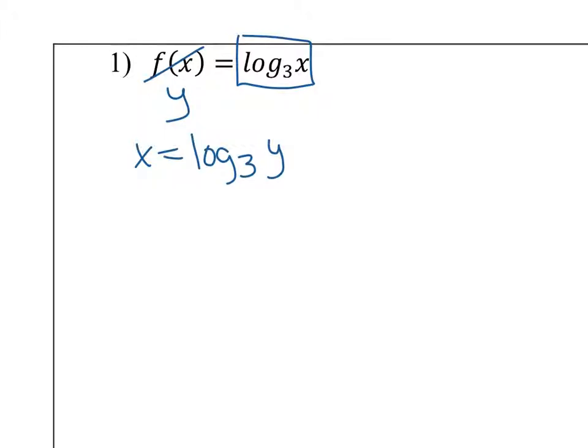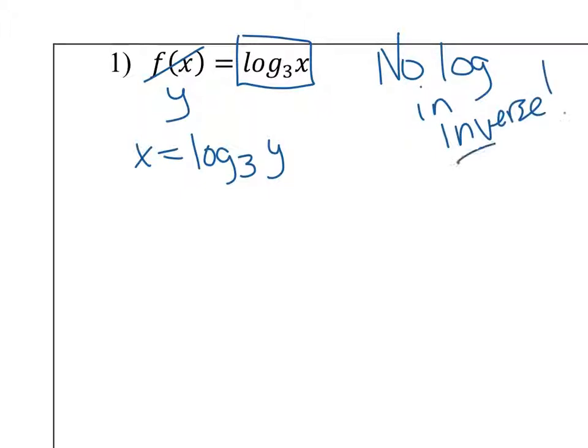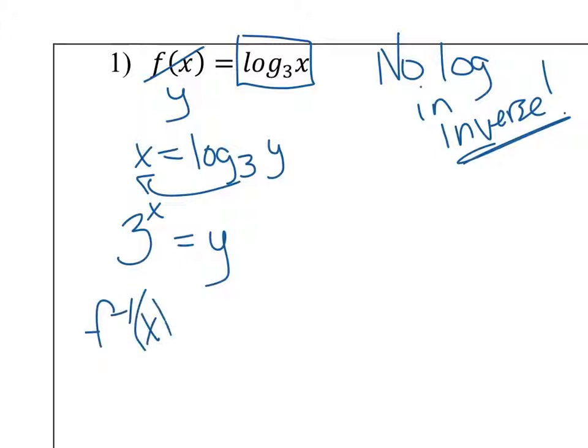Now realize when you're finding the inverse of a log, there is no log in the inverse. Crazy, right? There will not be a log in the inverse. So when I find the inverse, 3 to the x equals y, bam, it's done. Of course, there's always an easy one, right? That's it. We do the log switch.